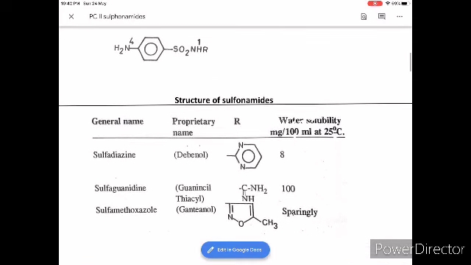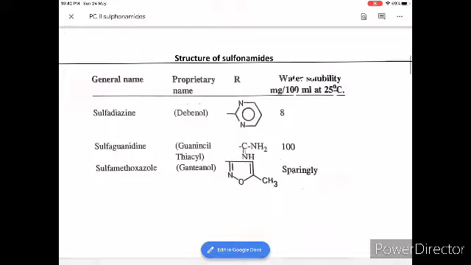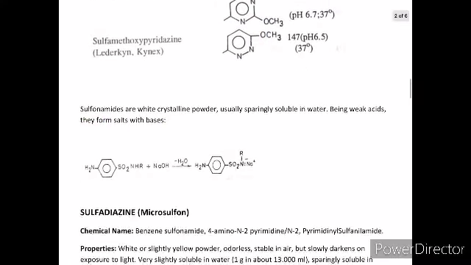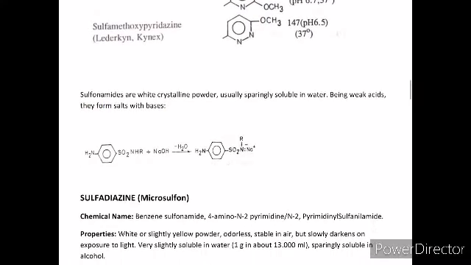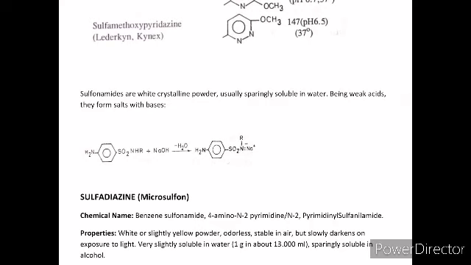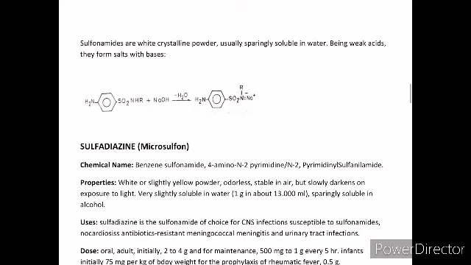You can see the R group is pyrimidine. So if you have benzene 4-amino N2 pyrimidine benzene sulfonamide, or pyrimidinyl sulfanilamide.